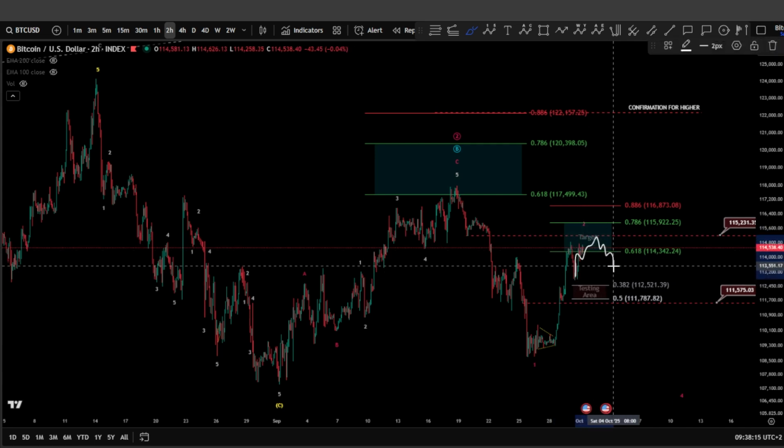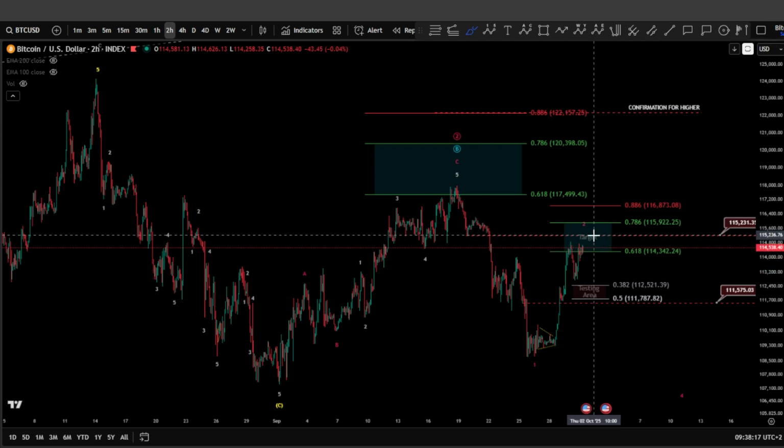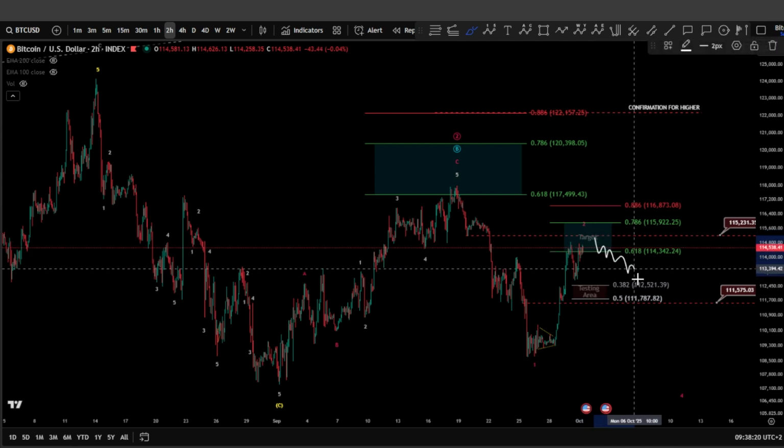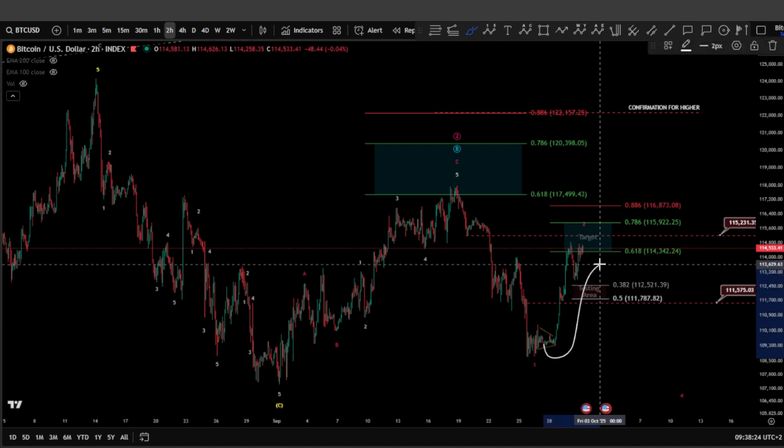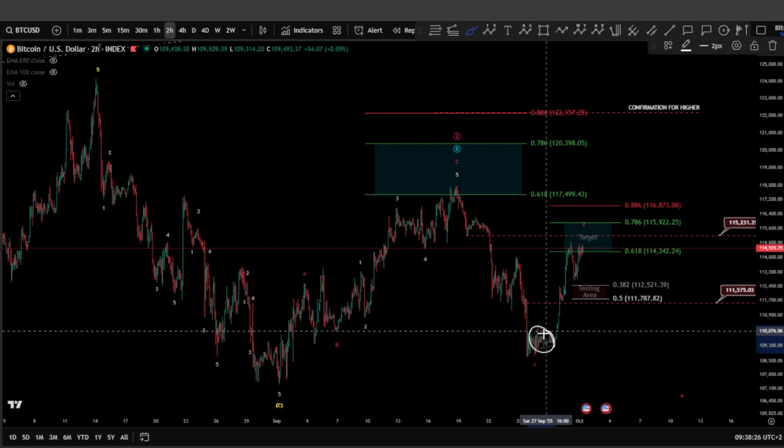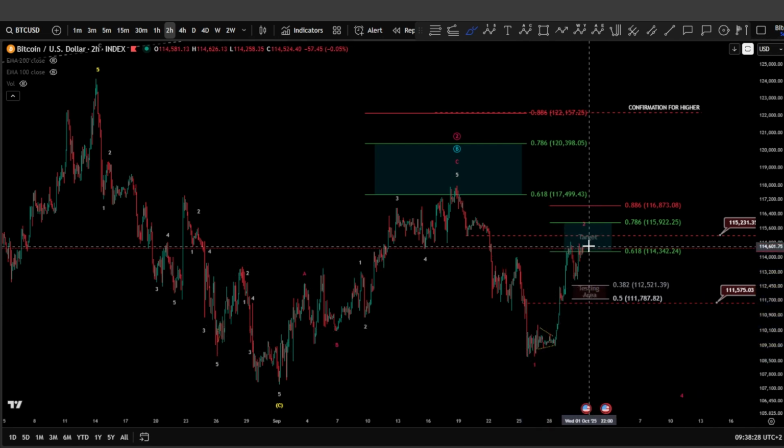And the answer that we get after it, if we get a correction in a very long sideways, that means a reflection or alternation for this wave 2, which is very complex. It might be a zigzag, by the way, so we gotta be careful.